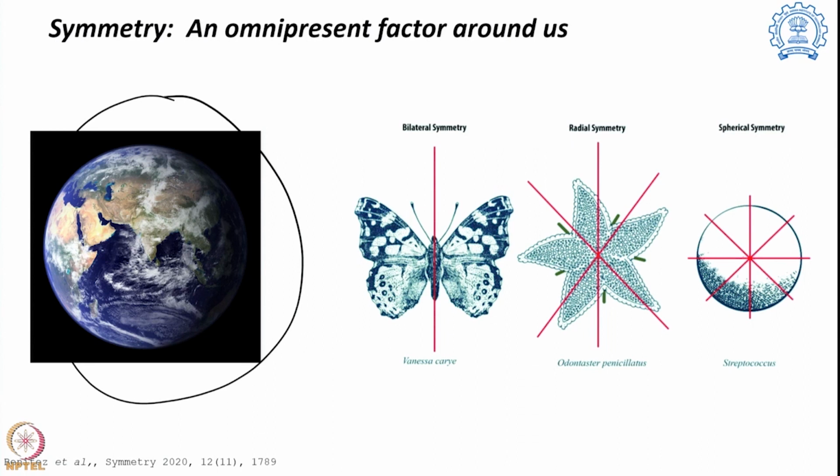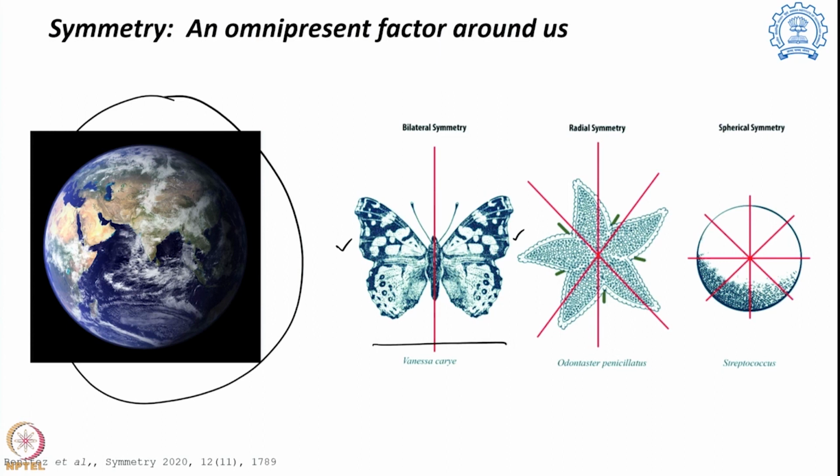There are three examples I am showing. First is a butterfly. If you take a look, there is something naturally mimicking over here, so that one part of its wing matches the other, and over here we call it bilateral symmetry. We will talk in a little more detail on that in the coming minutes.